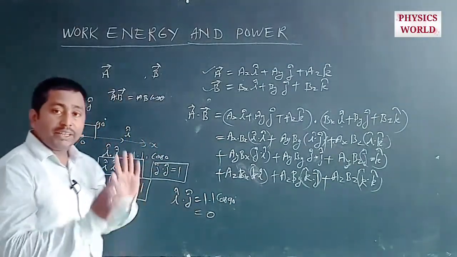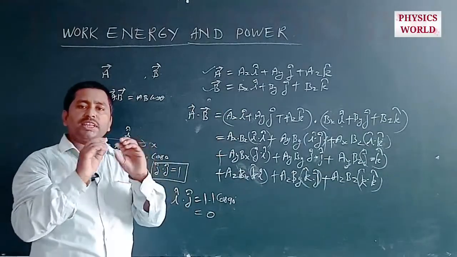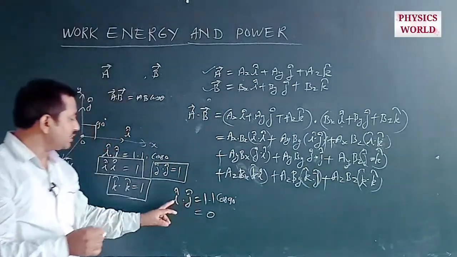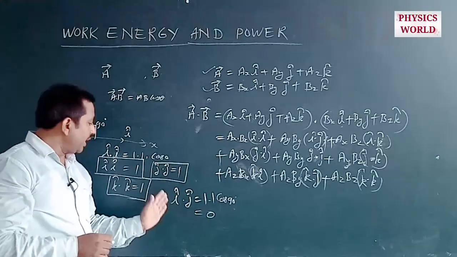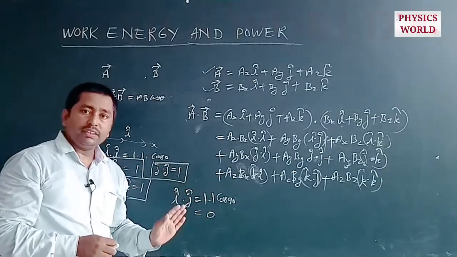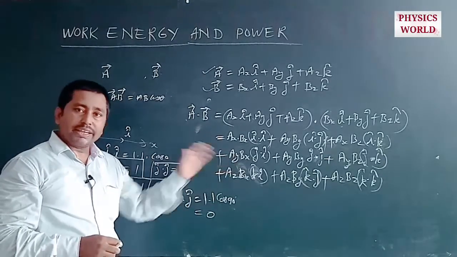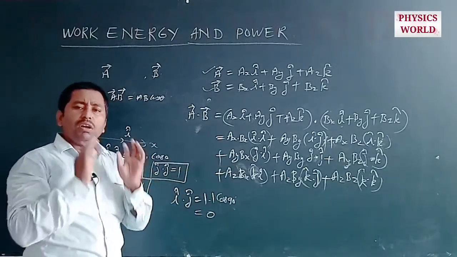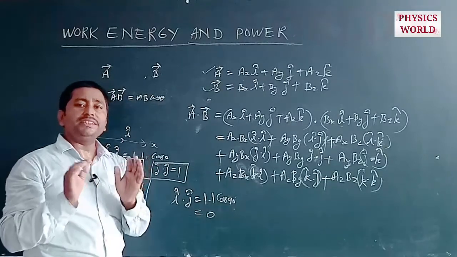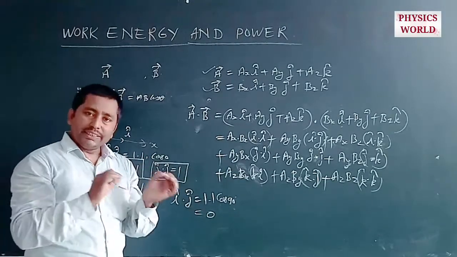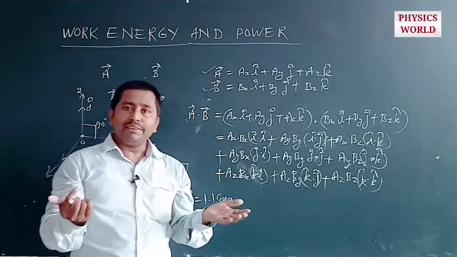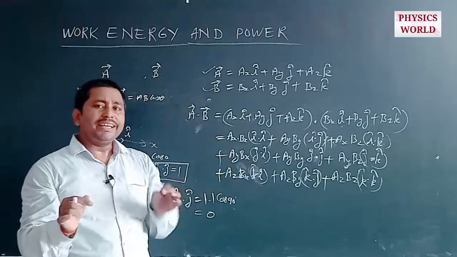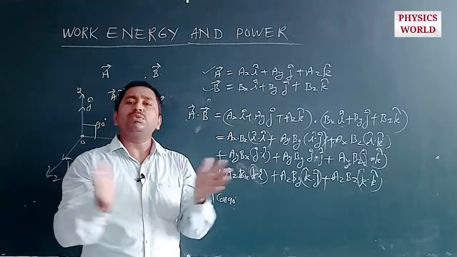So if we obtain the dot product of two different unit vectors like i dot j, j dot i, i dot k, k dot i, j dot k or k dot j, in all these cases we will obtain 0, because i, j and k are always perpendicular to each other.